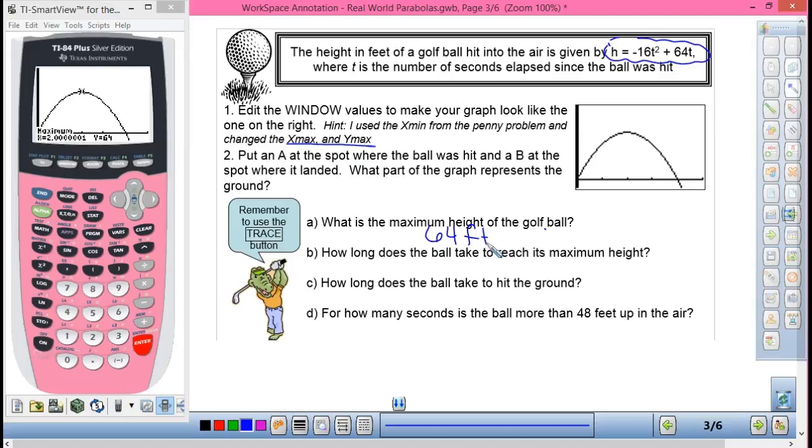How long does it take to get to the maximum height? It was 2 seconds. Good. Because it tells us the number of seconds elapsed. Usually your problem will tell you what you're doing.